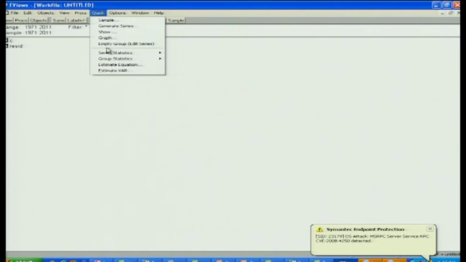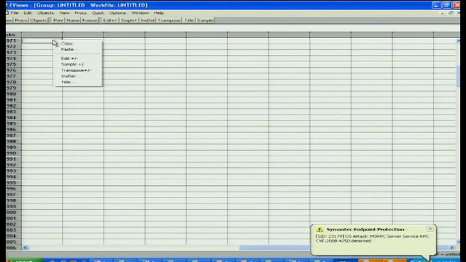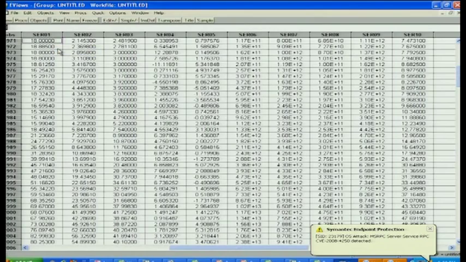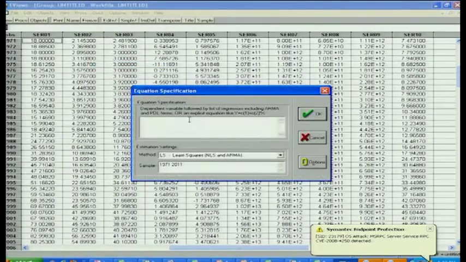Go to quick, edit series, and you paste the data. So series 10 will become my dependent variable, and series 1 to series 9 will be the set of explanatory variables. So go to quick and then estimate equations.